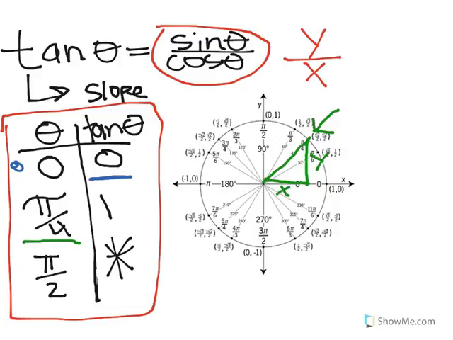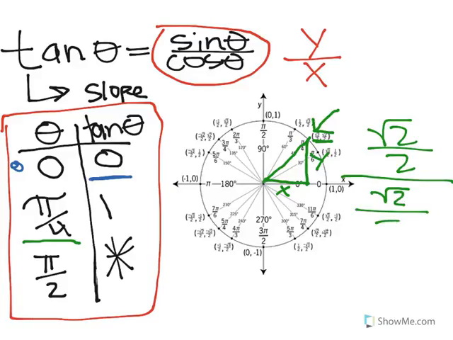As you can see right here, it is labeled that the x and y coordinates on the unit circle of pi over 4 are square root of 2 over 2 for the y, and because it's y over x, the x coordinate is also square root of 2 over 2. Because it is being divided by the same thing, the tangent of theta at that point is just going to be 1. We're just going to clean this up one more time.